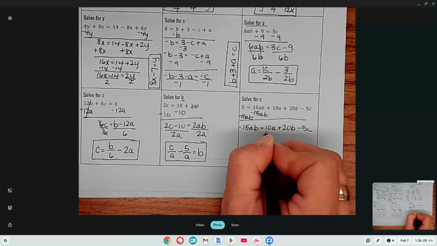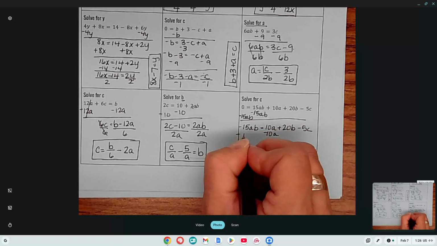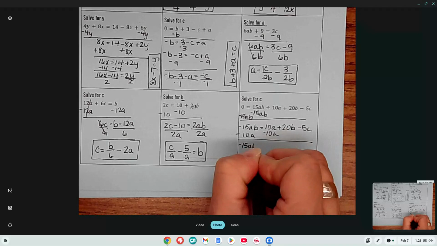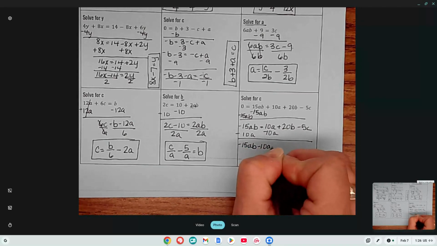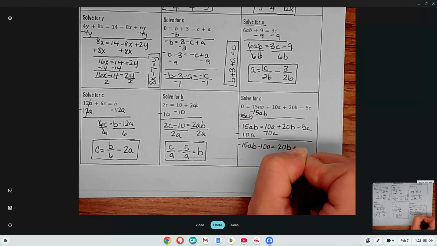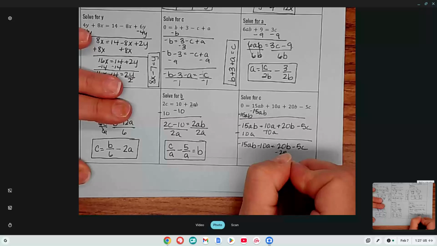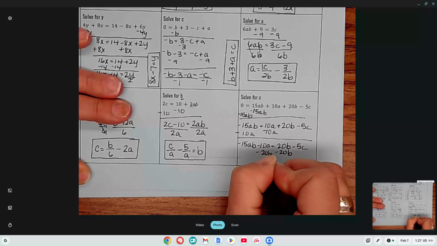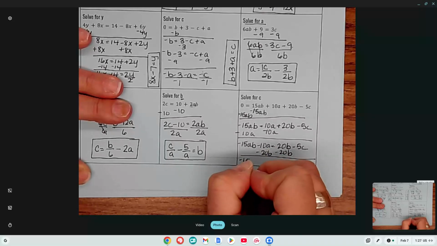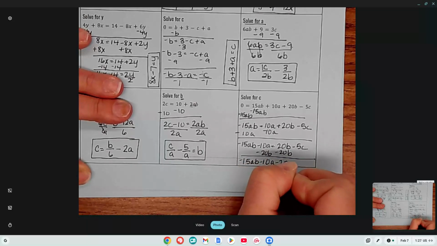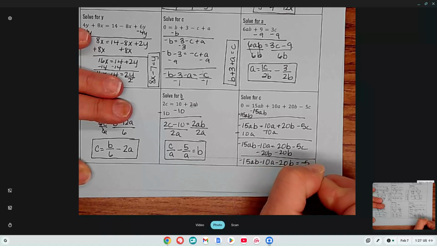All right, subtract that over. So negative 15AB minus 10A minus 20B equals negative 5C.